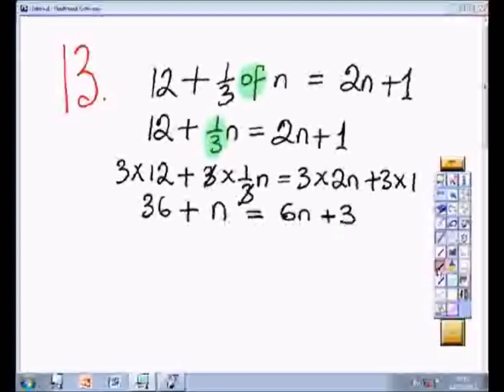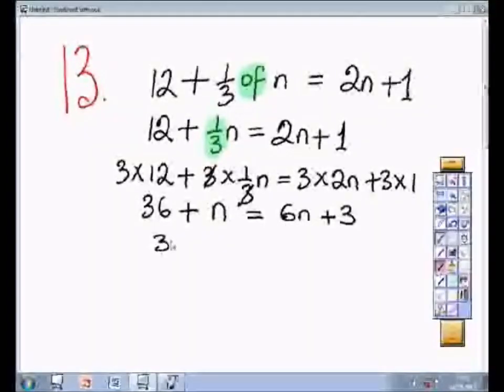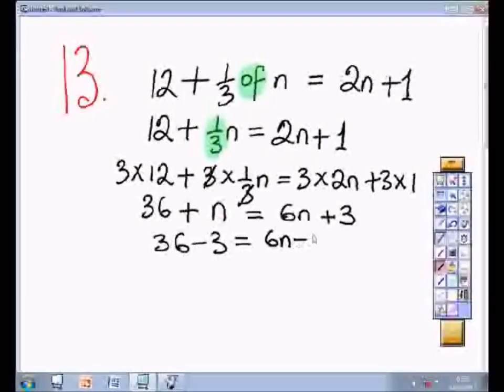Collecting like terms makes us have 36 minus 3 is equal to 6n minus n, so that we have 33 is equal to 5n.